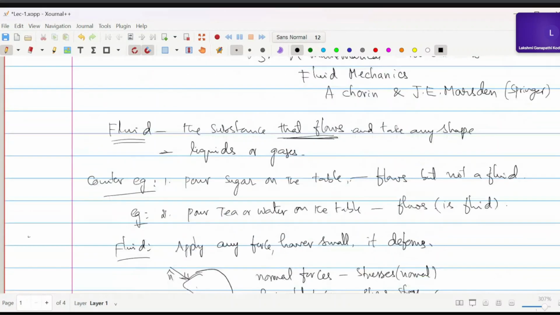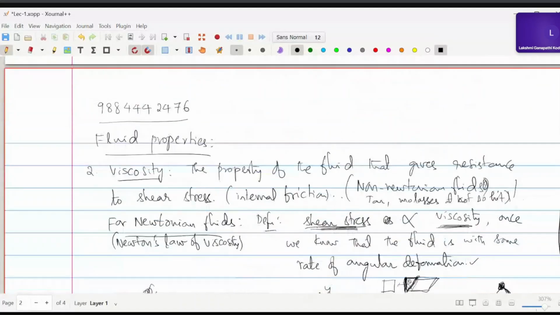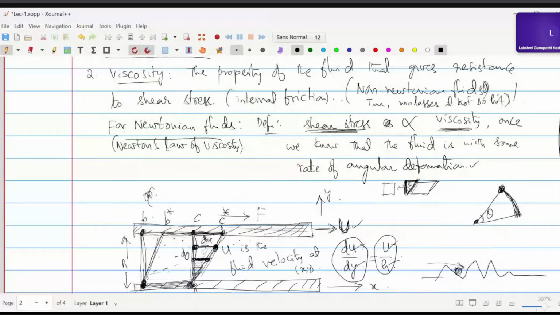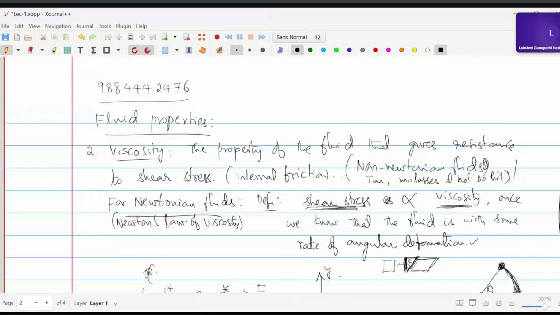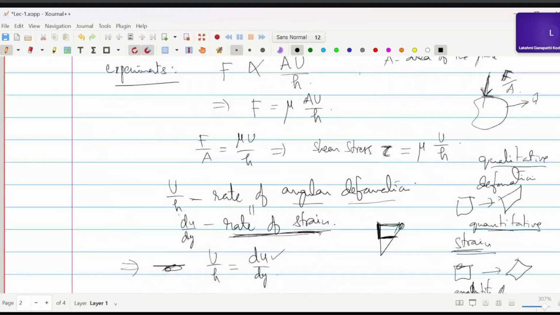We wrote it here, right? So the original one that we have given: the property of the fluid that gives the resistance to shear stress. That itself you give as internal friction, no? That you give as a definition.